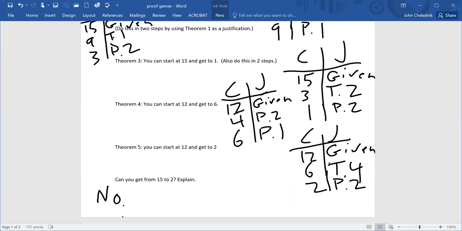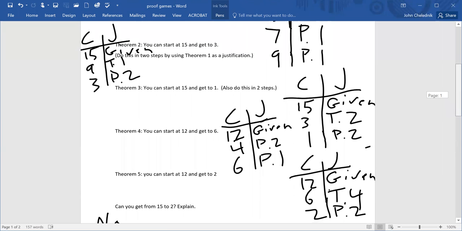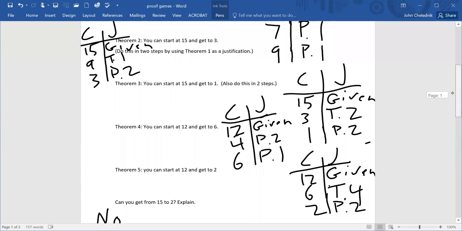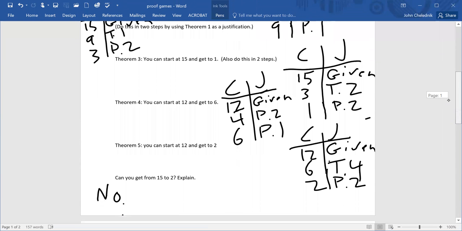And we can't get to 6 because we'd have to somehow get to 18 to get to 6. And we can't get to 18 because we can only add 2. So it's simply not possible.